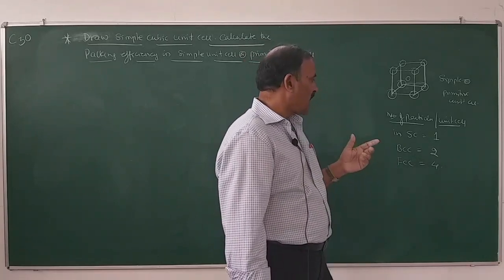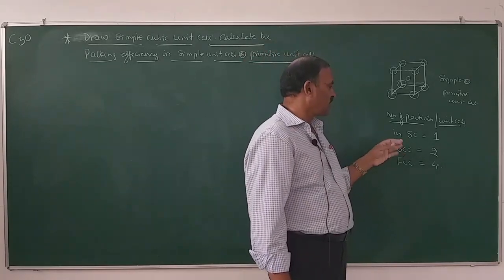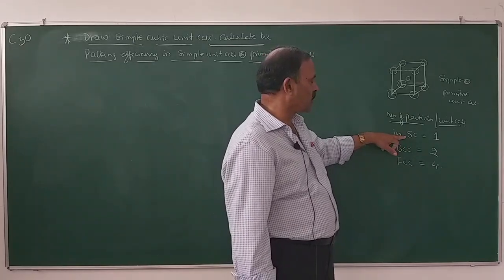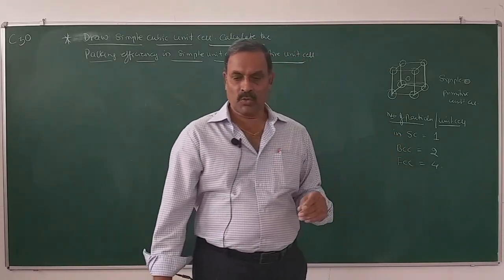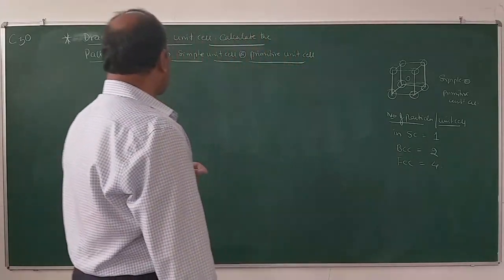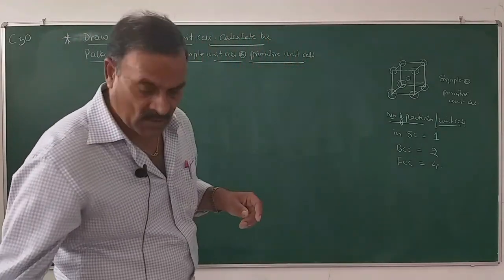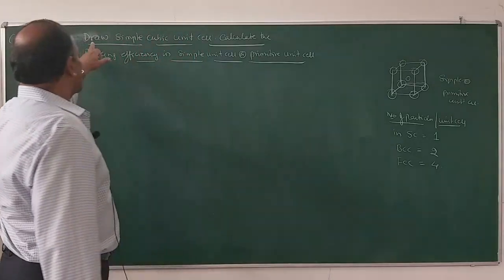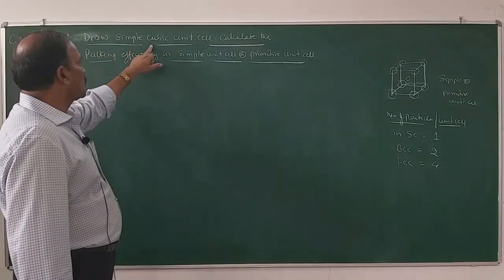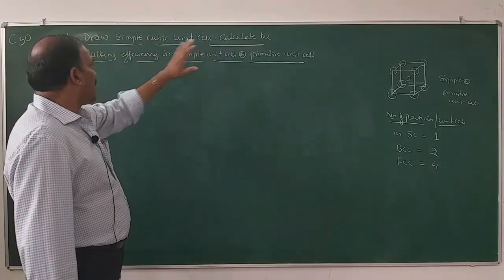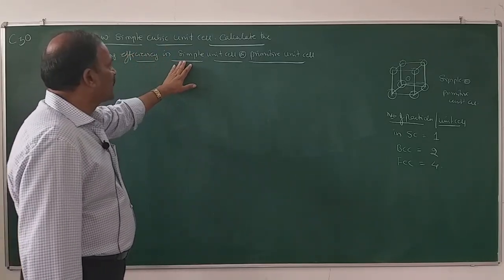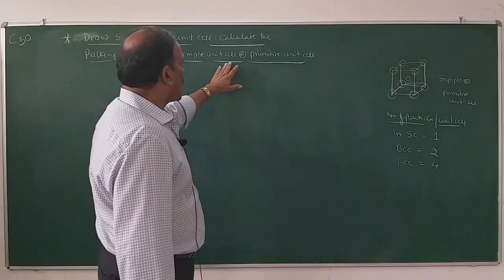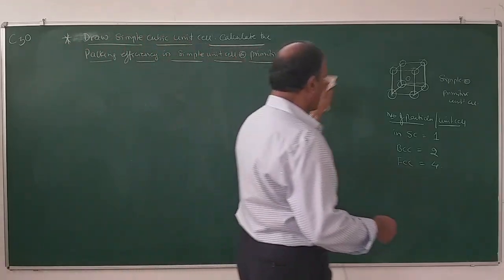You will be asked to calculate the packing efficiency of either simple cube, body centered cube or face centered cube. Therefore, we have to understand very carefully. So what is the question? Draw a simple cubic unit cell. Calculate the packing efficiency in simple cubic unit cell or primitive unit cell.